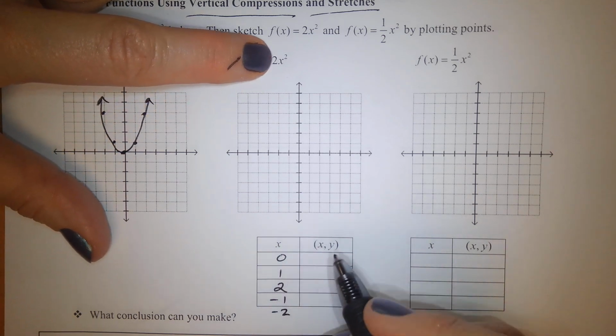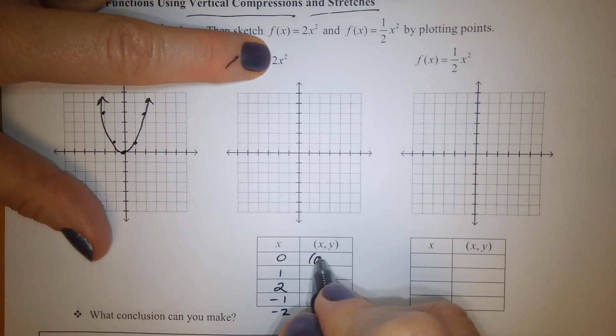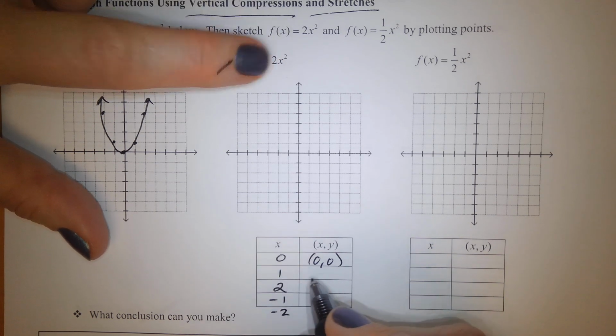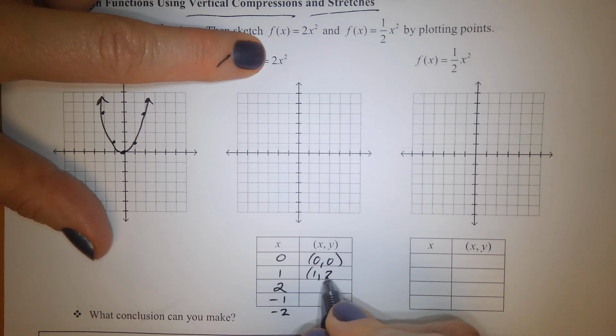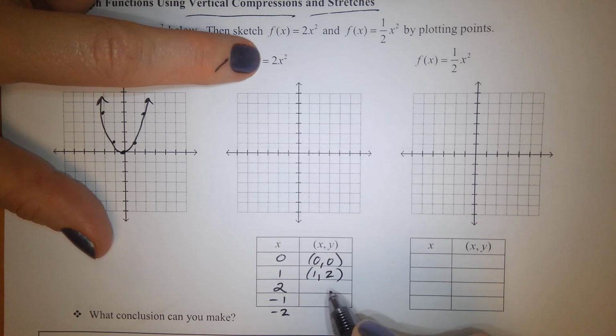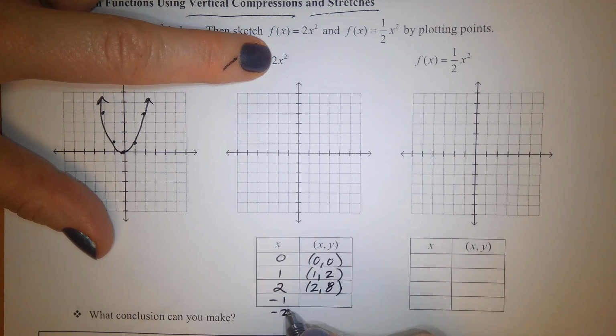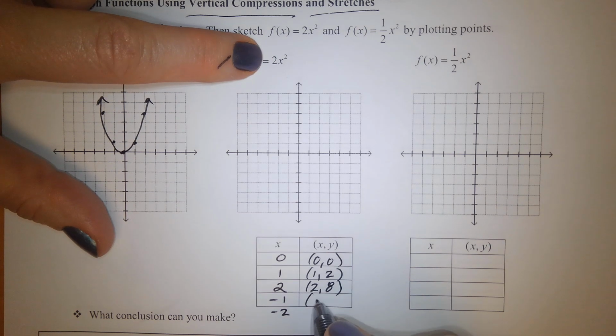So when I plug a 0 in for x, I actually get 0. When I plug a 1 in for x, I get 2. When I plug a 2 in for x, 2 squared is 4 times 2 makes 8. If I plug in a -1 for x, that becomes +1 times 2 is 2.